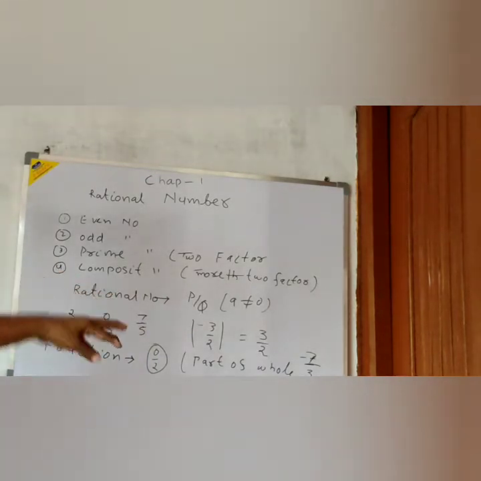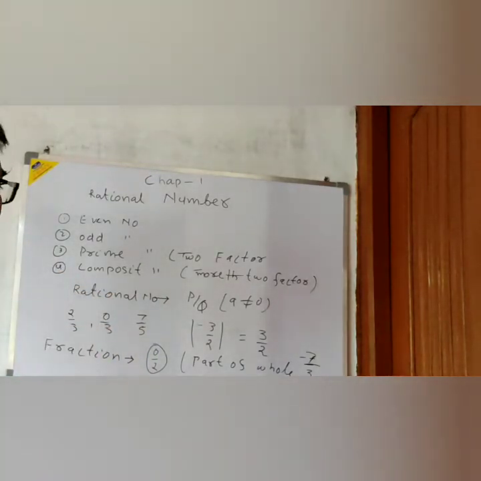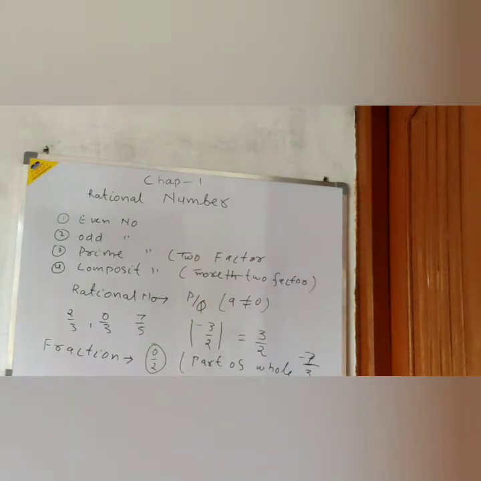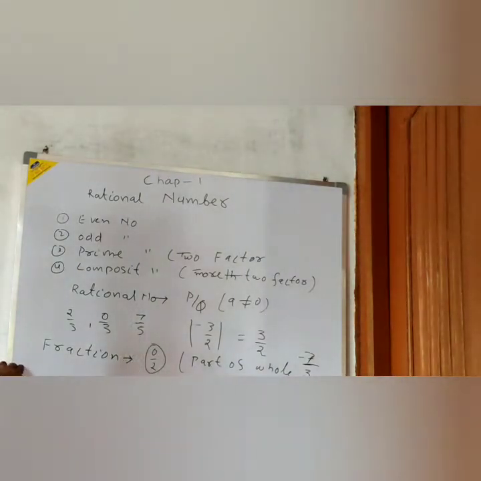A fraction is never negative; it is always positive and part of a whole. This is the difference between a rational number and a fraction. Clear? Now in another clip we learn about more numbers.